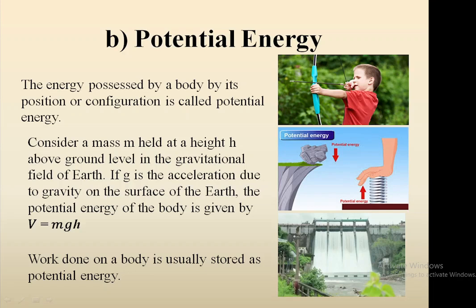For example, if a body is raised against the gravitational force, a certain amount of work is required and it will be stored in the body as its potential energy. So when the body is released, what happens? The potential energy is converted into kinetic energy.